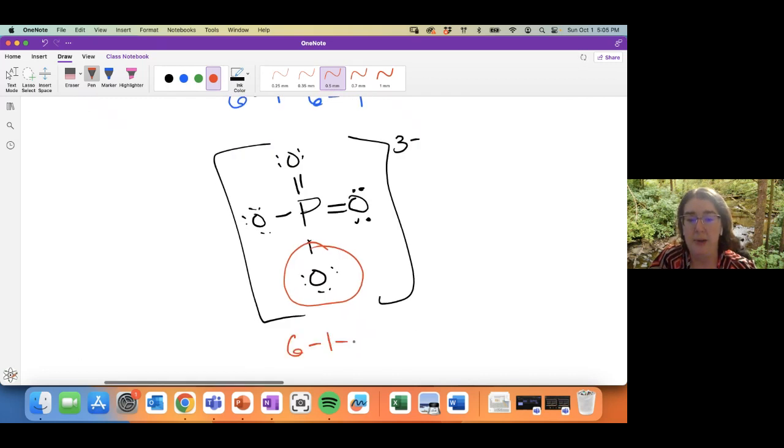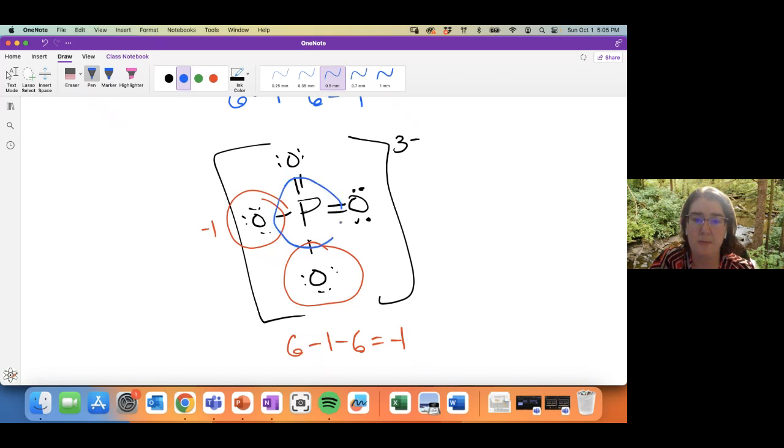This is still 6 minus 1 minus 6, which is -1. So I've got 2 of those. My phosphorus now is 5 minus 1, 2, 3, 4, 5, 6, which is -1. And these guys, 6 minus 2 minus 4.